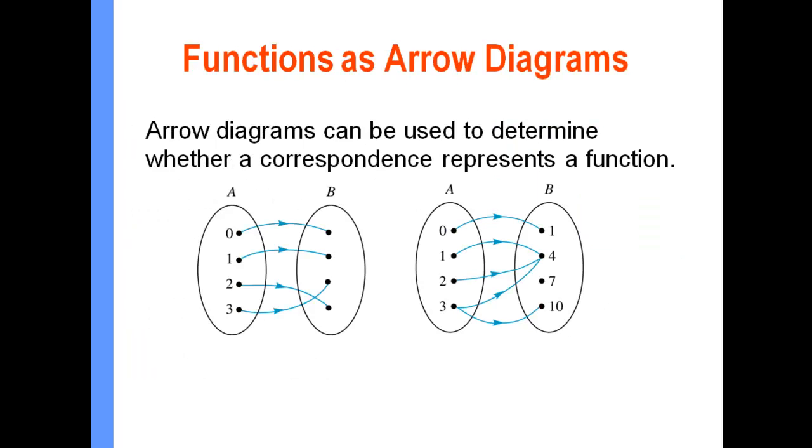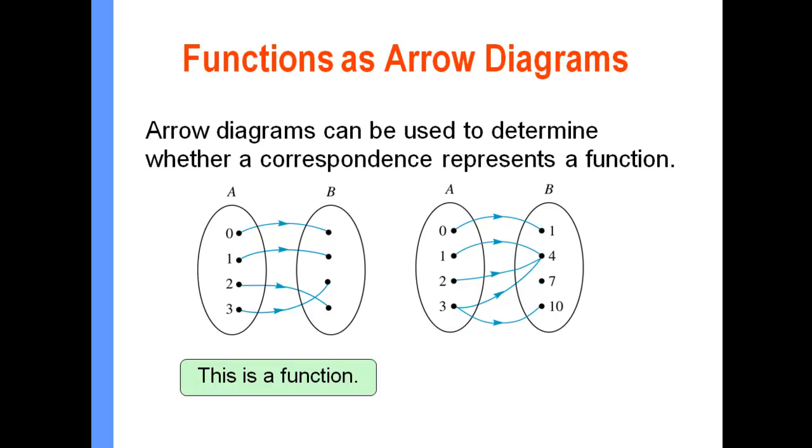So one way that we represent functions is with arrow diagrams. Arrow diagrams show a correspondence between inputs and outputs. Now let's look at these examples that were given. In the first example, we see that each input is designated to one output. That would be an example of a function.